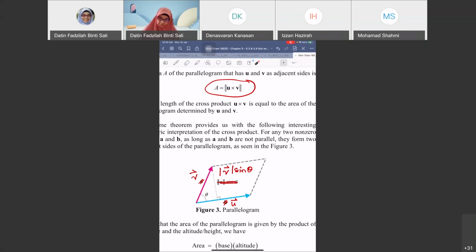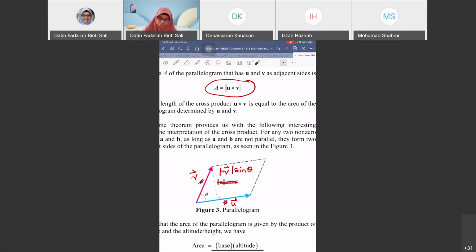This is theta, and this is vector v, which is our hypotenuse. This height is our opposite. So by using the trigonometry ratio from last time, this height can be written as the magnitude of v times sine theta.